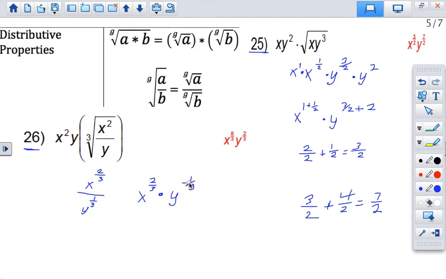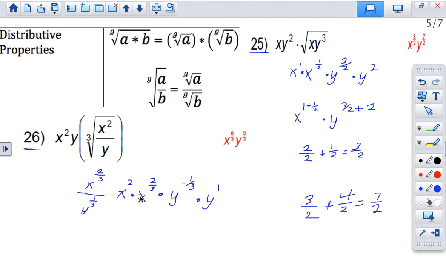Okay, and that will allow me to get this here out of the denominator. Okay, so now I want to go ahead and multiply these terms by it. So we're going to multiply the x to the 2/3 power by x squared, and we're going to multiply the y to the negative 1/3 power times y. And in this case, again, don't forget your exponent is 1.